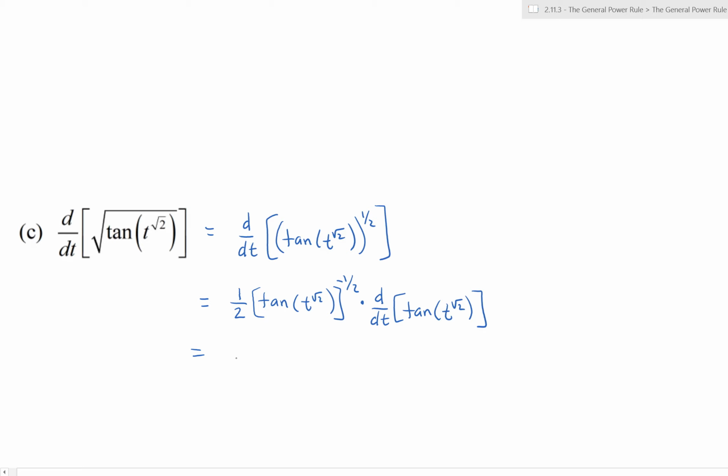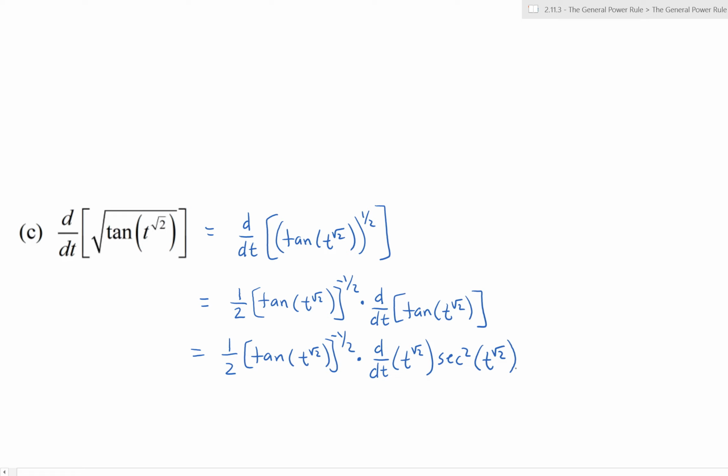And so we're going to write this as a 1/2 tangent of t to the root 2 power, all to the negative 1/2 power. Then I'm going to have to take the derivative with respect to t of t to the root 2, derivative of that inner function. The derivative of the tangent function is the secant squared function, and leave the input alone. So secant squared of t to the root 2 power.